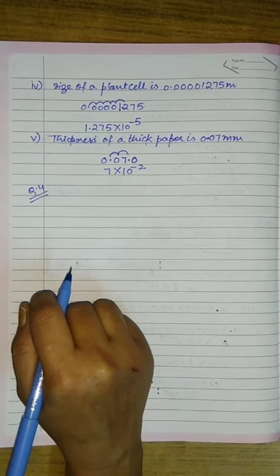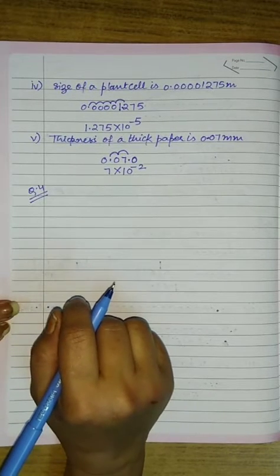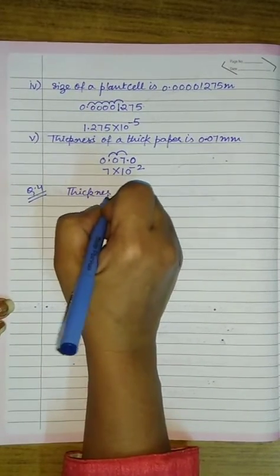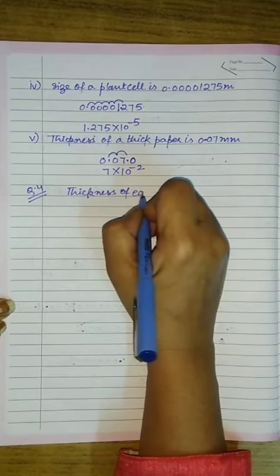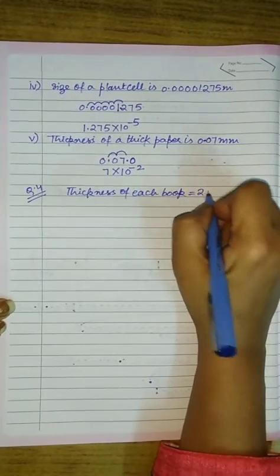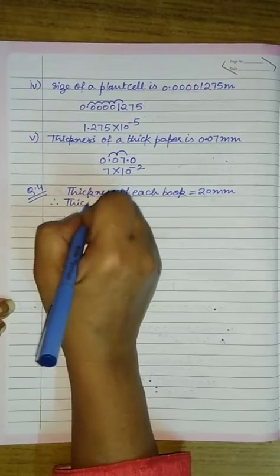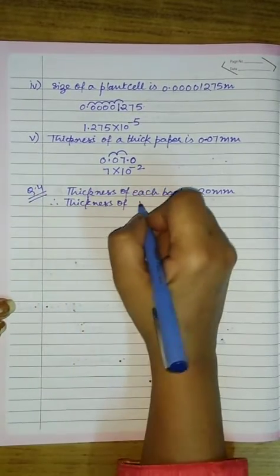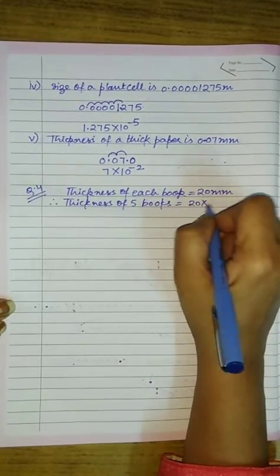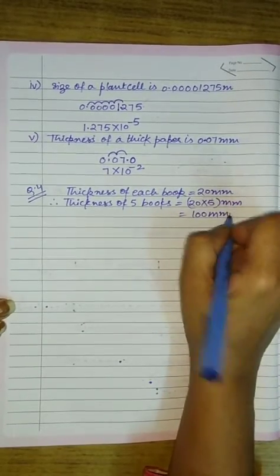We are given thickness of each book is 20 millimeter, and 5 books are given. Therefore, thickness of 5 books is equal to 20 into 5 millimeter, that is equal to 100 millimeter.